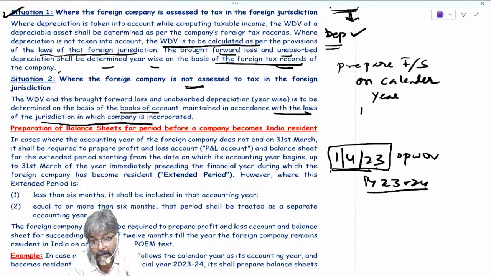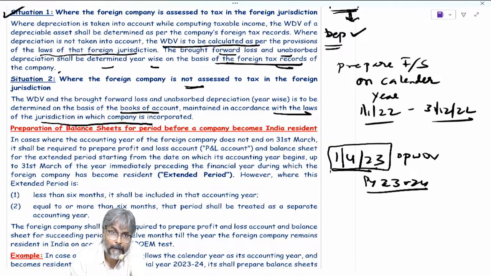So this means their last financial statement would be for which period? 1st January 2022 to 31st December 2022.